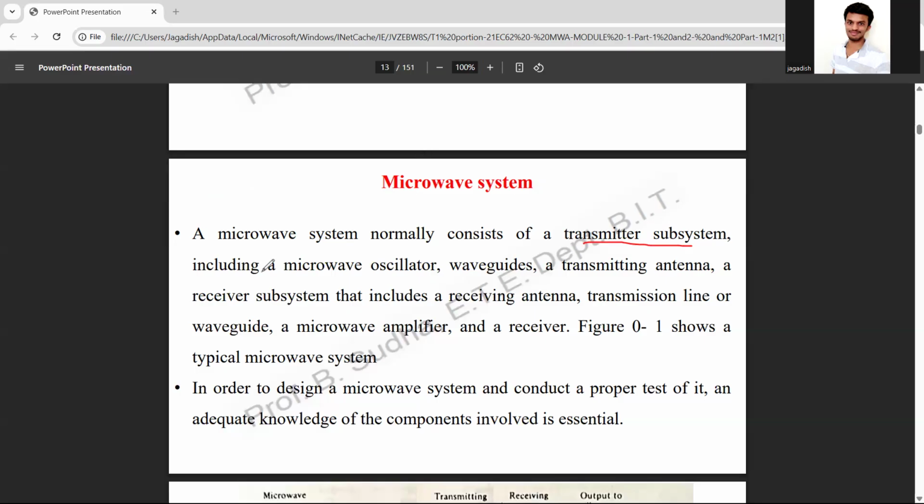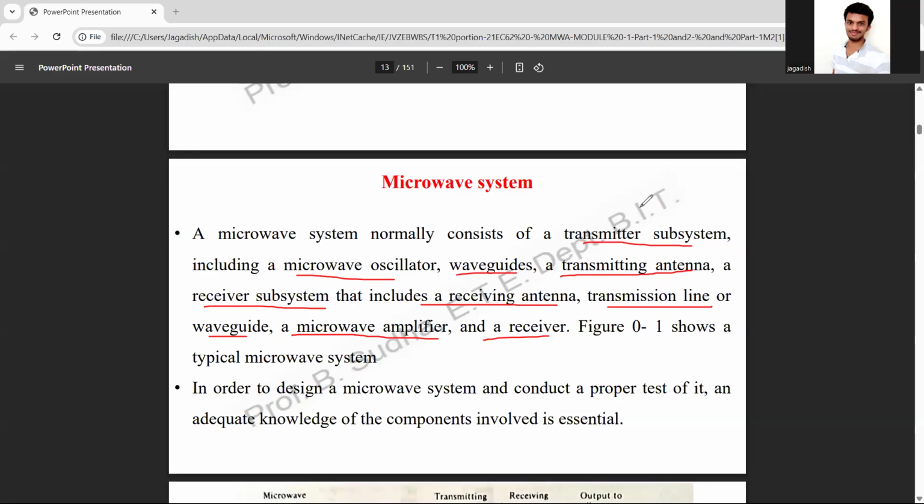It includes a microwave oscillator, a waveguide, and a transmitting antenna, and a receiver subsystem that includes a receiving antenna, a transmission line or a waveguide, a microwave amplifier, and a receiver. We will learn all this in our 5 modules: what is a waveguide, what is a transmitting antenna, and so on. These are the components of a microwave system.